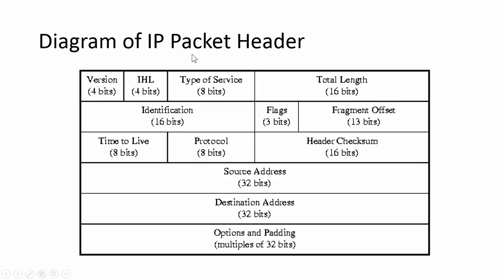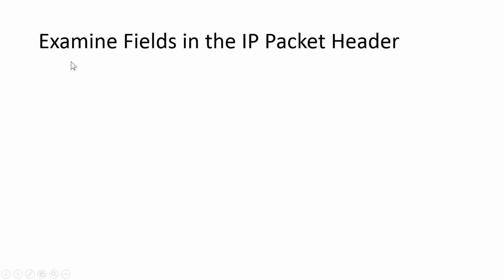Here is a diagram of an IP packet header, and you can see, yes, it includes source and destination IP address, but it includes other fields as well, such as version, type of service, time to live, protocol, and header checksum. So let's examine the fields in the IP packet header, some of which we have already discussed.